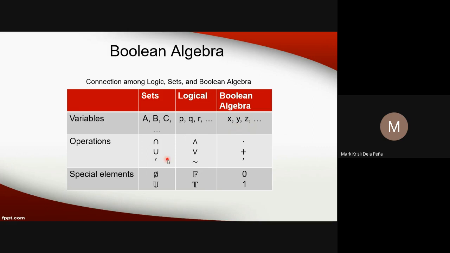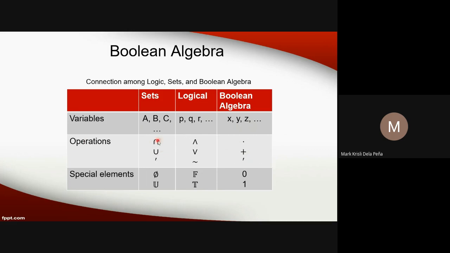In set operations, we have these: intersection, union, and the complement. In logical operations, we have conjunction, disjunction, and negation. And in Boolean algebra, we have these: the Boolean multiplication, addition, which we call ANDing, ORing, and NOT or negating.